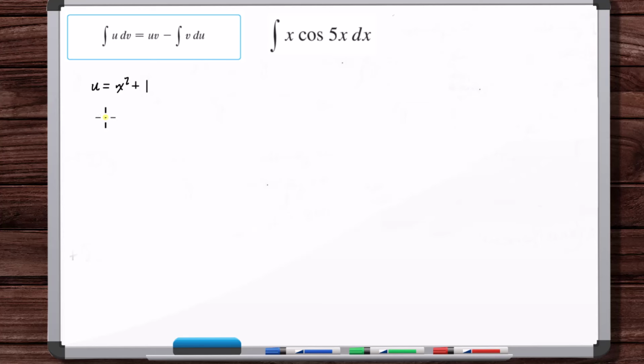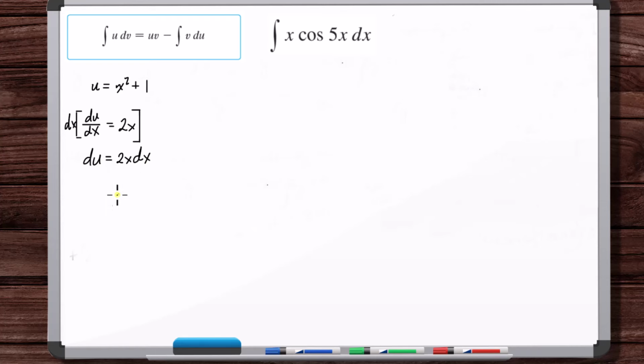Well, we know that we can take du dx, and that's going to be equal to 2x. And then, like we've talked about, we can operate with these du's and dx's as if they were differentials. So we can multiply both sides by dx and get du is equal to 2x dx.